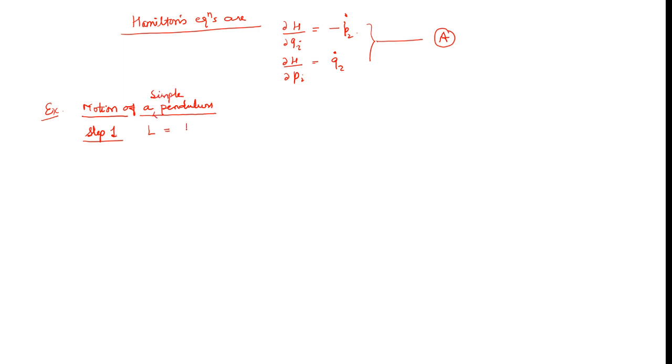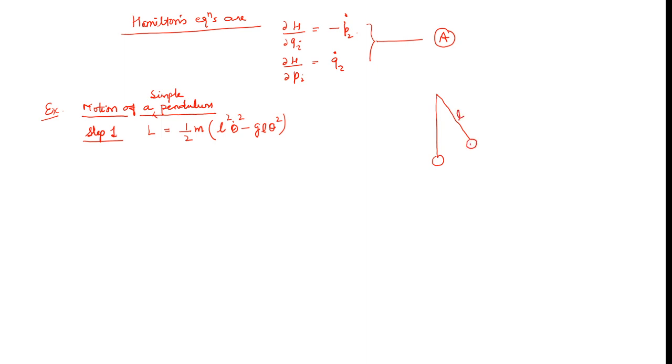L we have obtained in terms of r and theta, and it was half m, m is the mass of the bob, l squared theta dot squared minus m g l (1 - cos theta). This was the bob which reaches to this point.